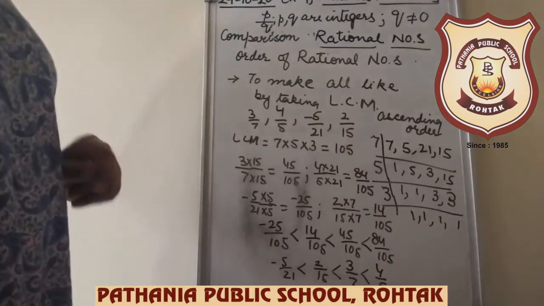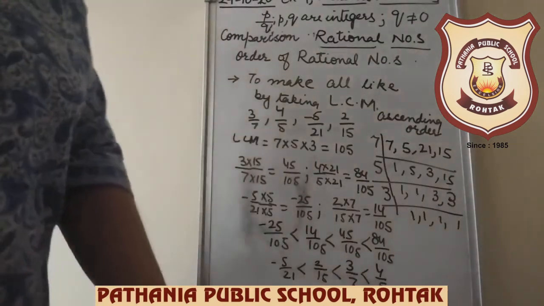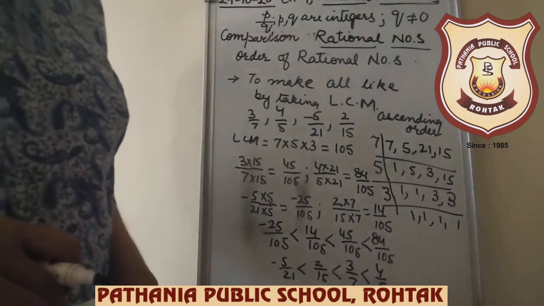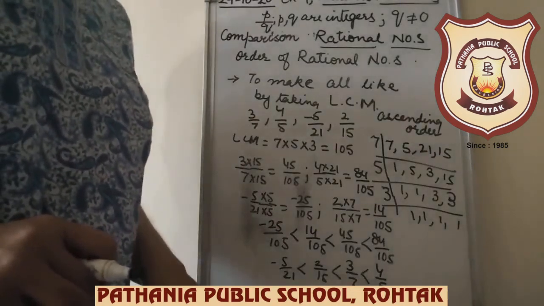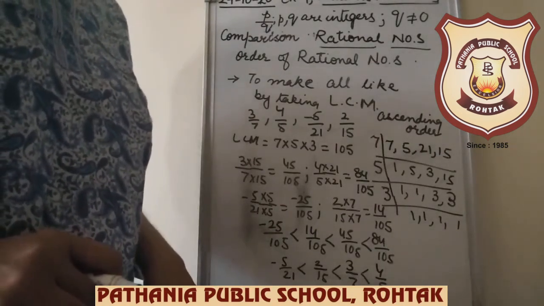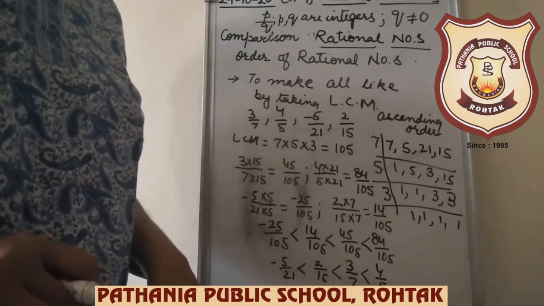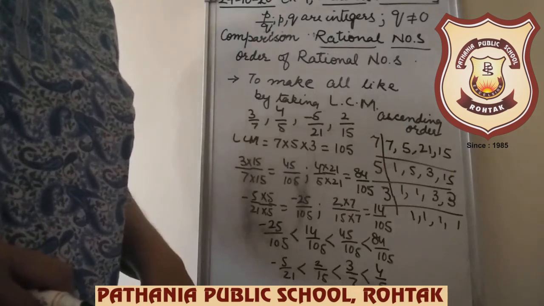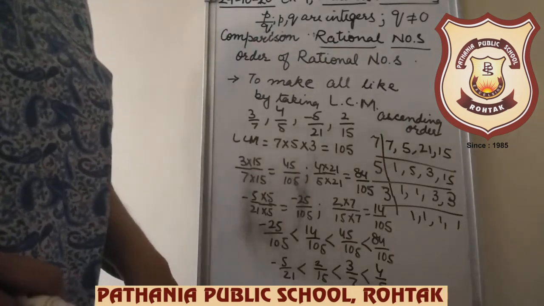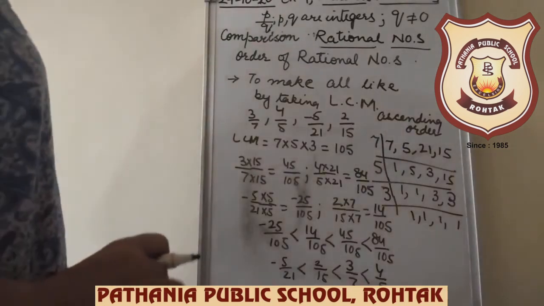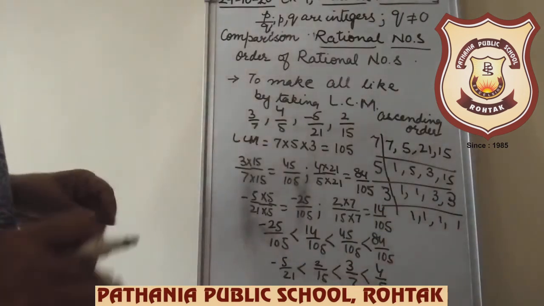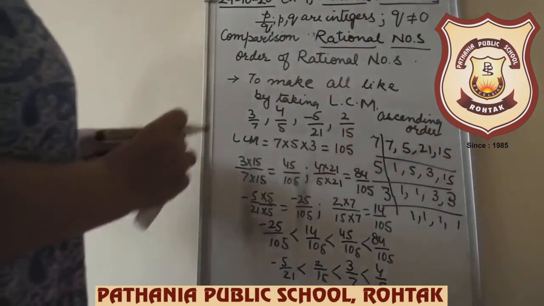Clear? So this is up to, I think you will be able to do till question number 11. So this is up to your question number 11. That is going to be your homework.